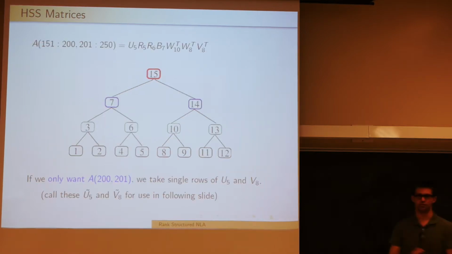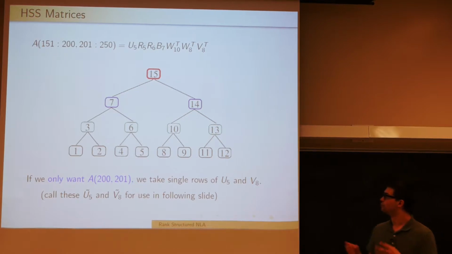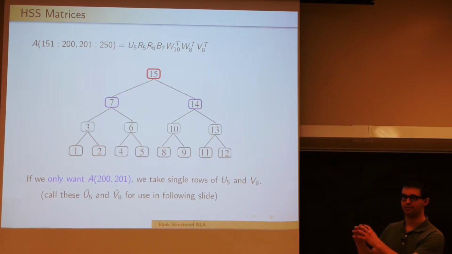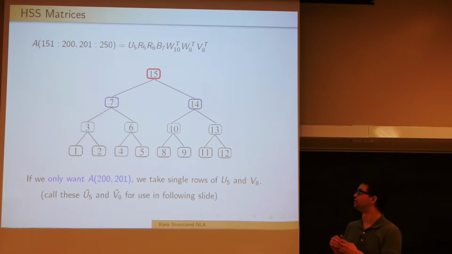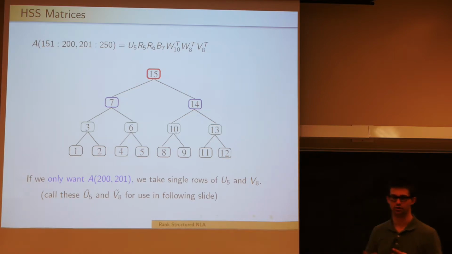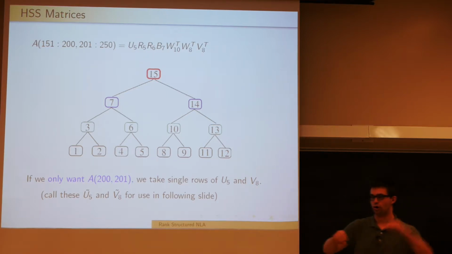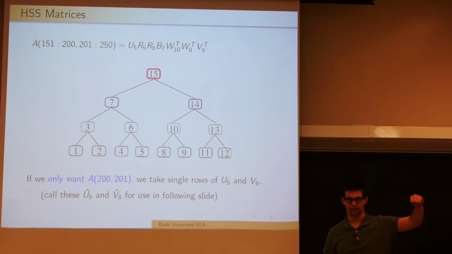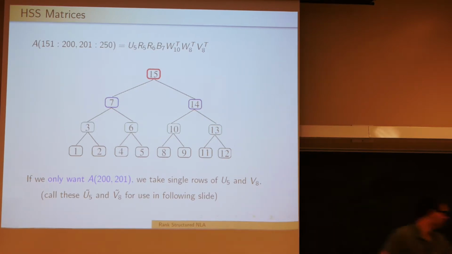Okay, so turning back to finding this 200, 201 entry. The naive way to think about it is forming the entire 50 by 50 block, rows 151 to 200, columns 201 to 250, and then just taking the entry we want. That's not how we would do it in practice. But I think that's the simplest way to first think about it. Because what we would do is we would see that the row we're on is 5 in terms of our coordinates, rows and vectors.